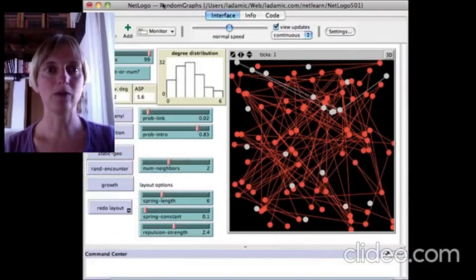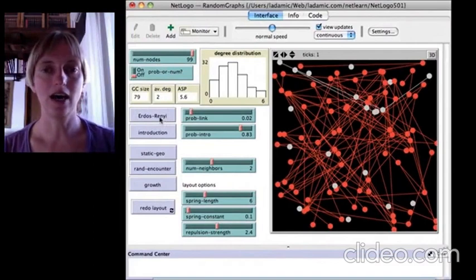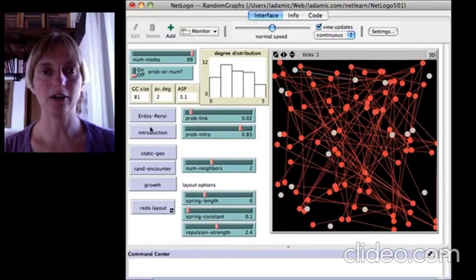Okay, so in this model, you can generate your regular Erdős-Rényi random graph. It's reporting several things back to you. So here's the degree distribution, the size of the giant component, the average degree, and the average shortest path within the giant component.